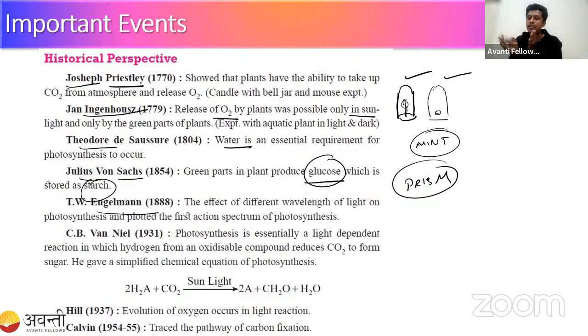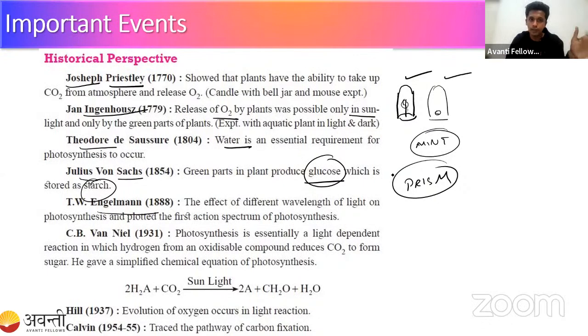So when he split this spectrum and subjected the plants to it, the plants started producing more oxygen in the presence of blue or red light. That proved that a specific wavelength of light is really essential for photosynthesis.